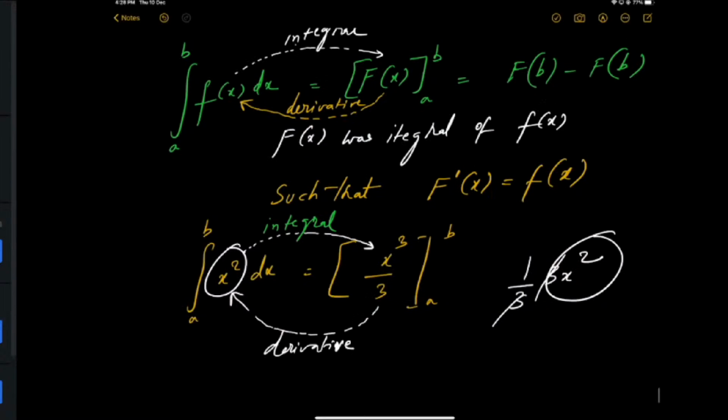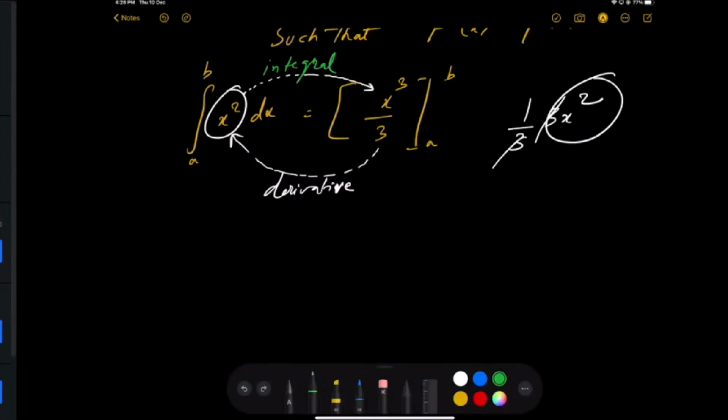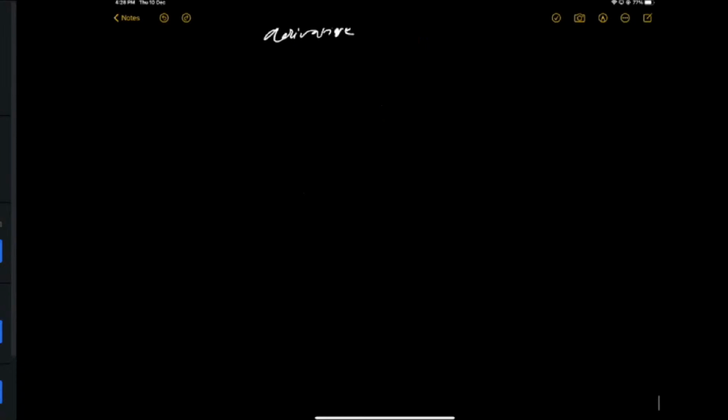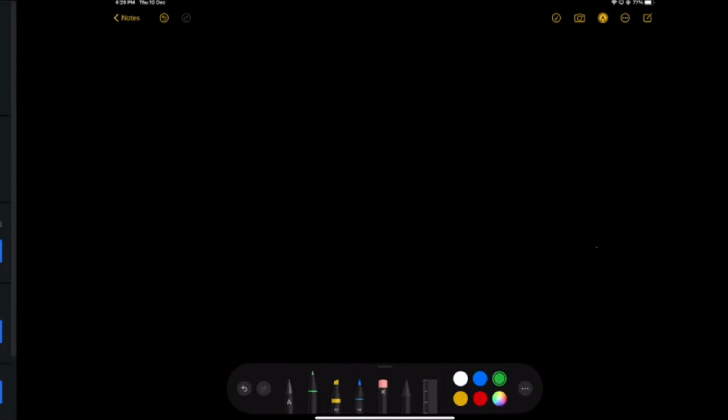So if I write the statement again, how to find the integral? That's the question, right? Integral of f of x dx from a to b.